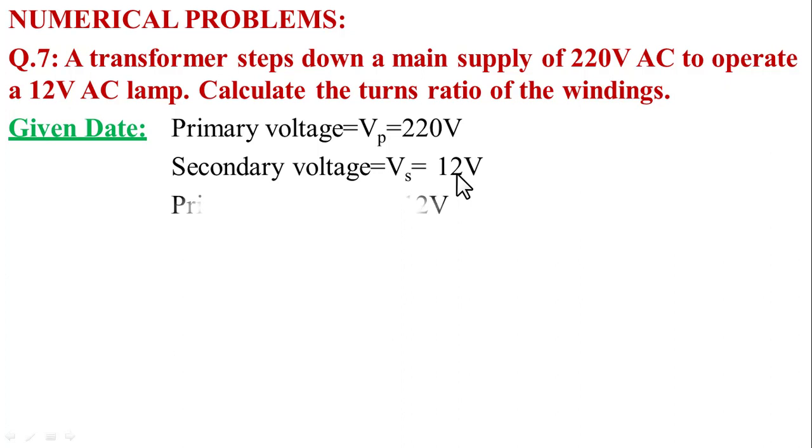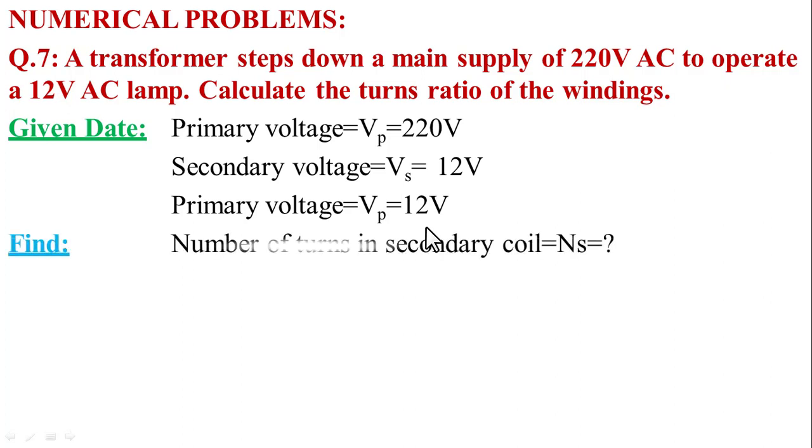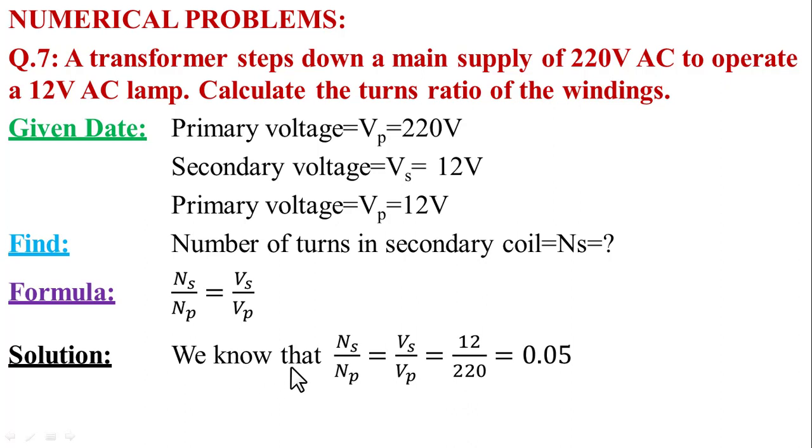Now, we can find the turns ratio of the secondary and primary coils. So we use the formula Ns over Np is equal to Vs over Vp. Then we know that Ns over Np is equal to Vs over Vp.